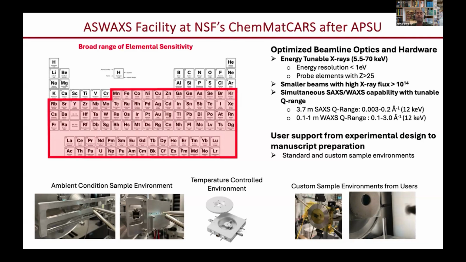Here we are using mostly 5.5 to 70 keV in our 15ID1 line. We have a very nice energy resolution, which is below 1 eV. With this kind of energy resolution, we can probe more or less all the elements above Z equal to 25. That gives us a broad sense of elemental sensitivity.